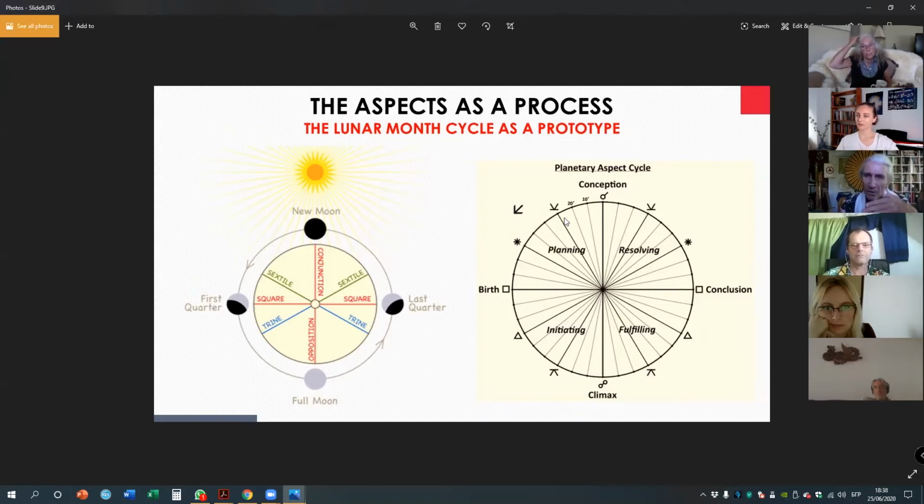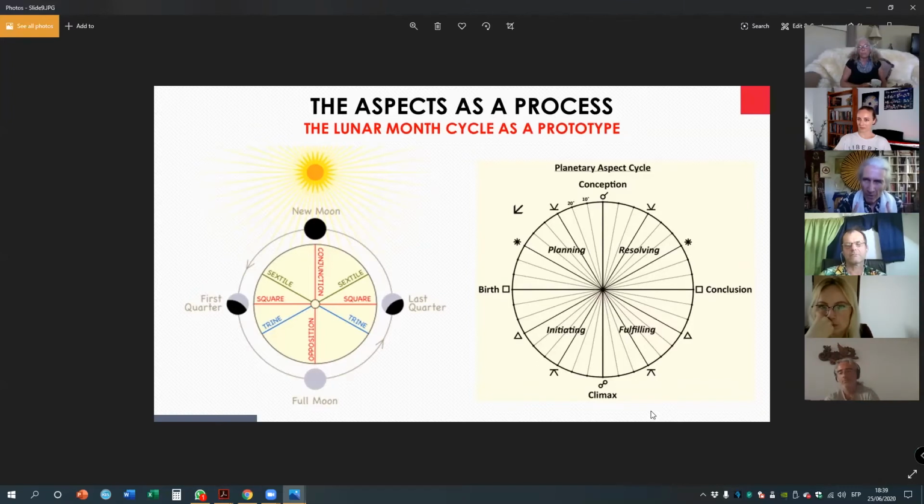Set up the quadratures, the new moon, full moon, first quarter, last quarter, and then standing at the new moon point, enter into a dance. What I discovered in attempting that was that for the new moon, I wanted to go down and be really small. So you collapse down to this incredible subjectivity, and you move out from that point. So you move out instinctively and start growing.